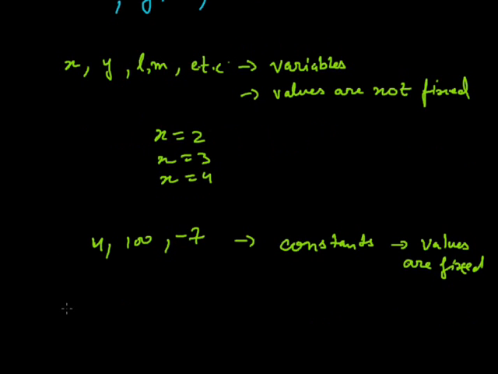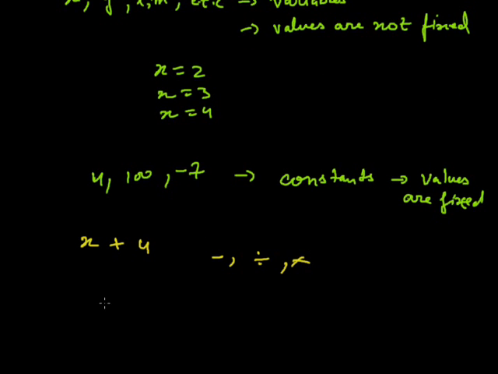Now, to form an algebraic expression, we combine these variables. That is, for example, I take x and a constant and combine these two with the help of a mathematical operation, that is plus, minus, division, multiplication, etc. So we can combine constants or variables with the help of mathematical operations, and thus we obtain an algebraic expression.